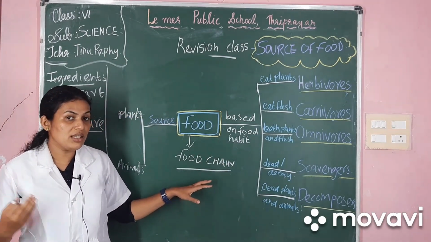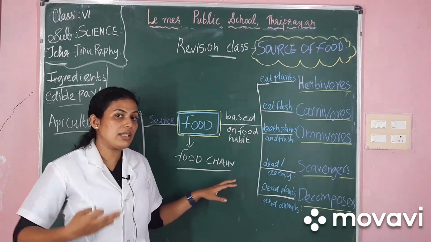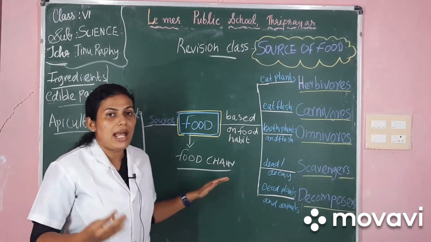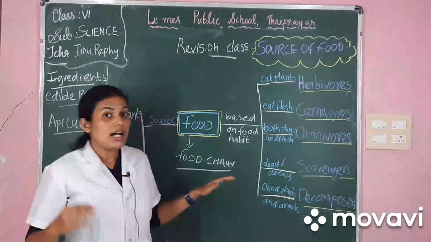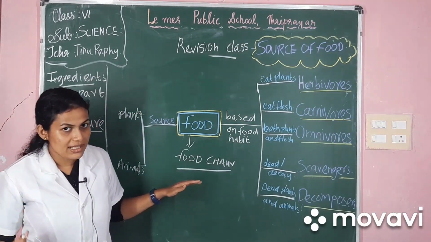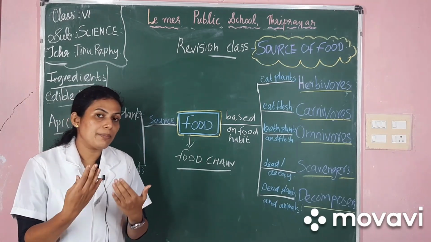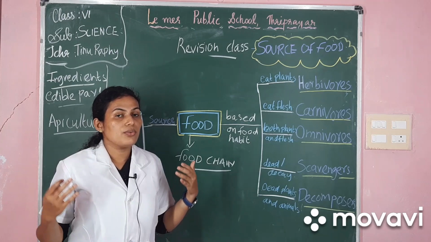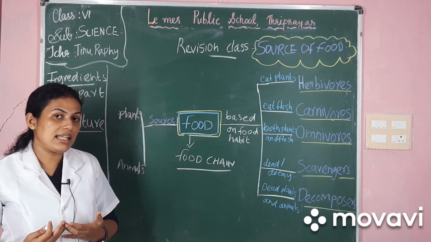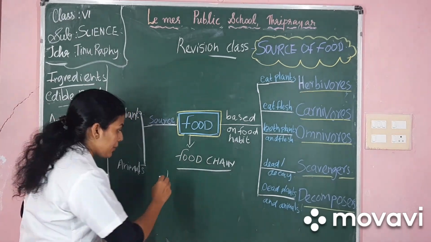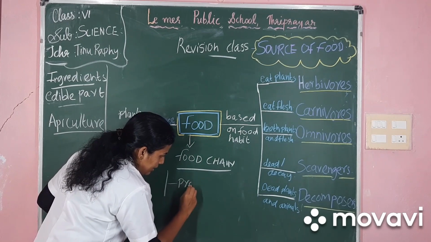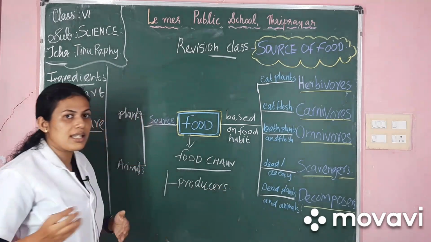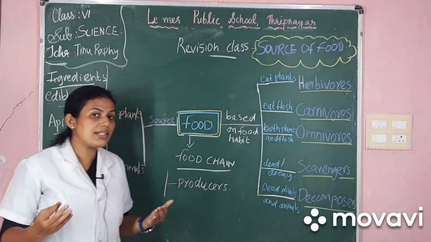So what is food chain? The feeding relationship between the organisms is called food chain. Now food chain can also be defined as a series of organisms linked together by the process of eating and being eaten. So for the example of food chain, we can say that the green plants are producers. Green plants are called producers because they are able to use up the energy from the sun.